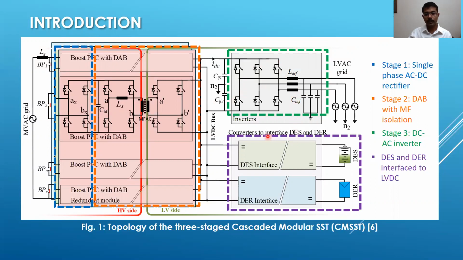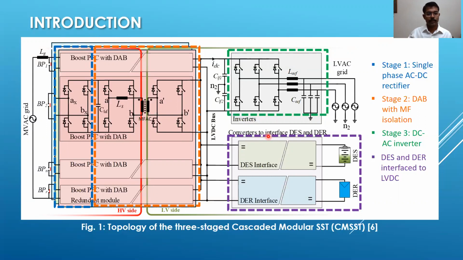You can also see that the distributed energy sources and distributed energy storage is being integrated with the low voltage DC bus using the converters dedicated for them. So this is the common microgrid architecture, or let's say a hybrid microgrid architecture that you would see.